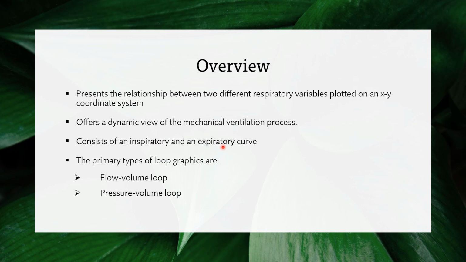The primary types of loop graphics are the flow volume loop and the pressure volume loop. These loops are invaluable for diagnosing and monitoring changes in respiratory mechanics, allowing clinicians to visually assess and adjust the ventilator settings to optimize patient care.